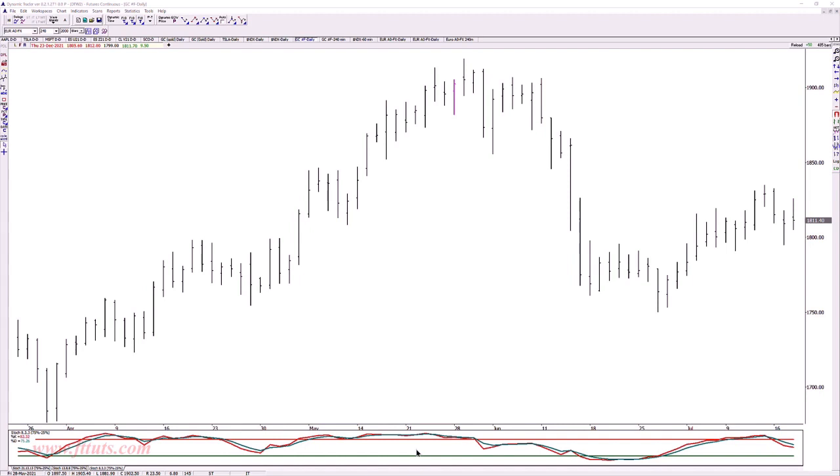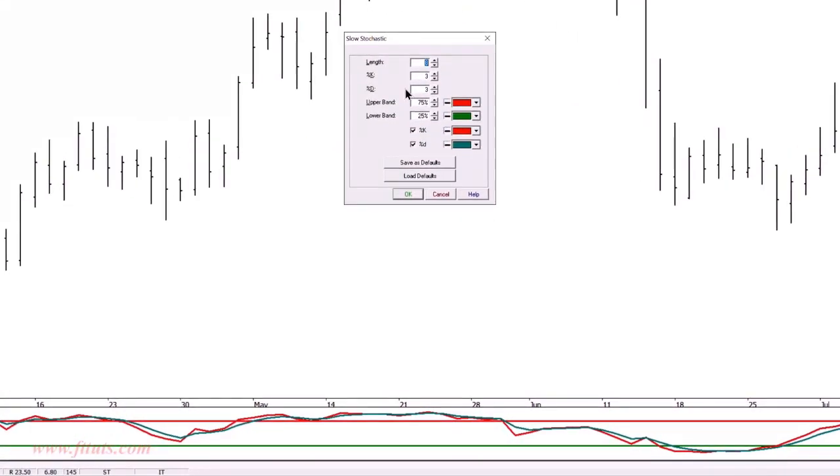So how did I arrive at these particular settings? Once again, I just brought up the menu for the settings for the stochastic, and I just adjusted them up and down a bit, such as that. We can see until it looks like they've pretty much cycled with the price cycles and dropped in and out of overbought and oversold zones.